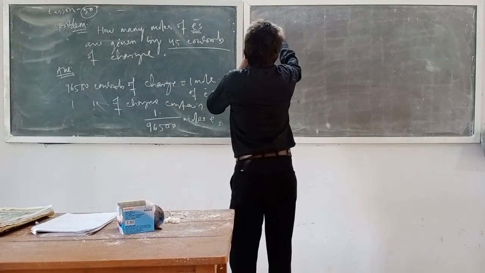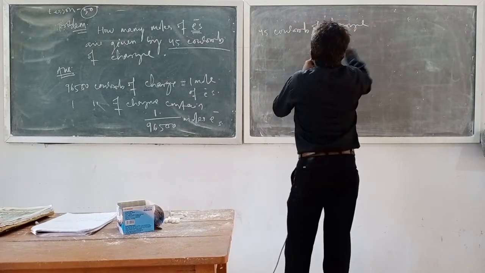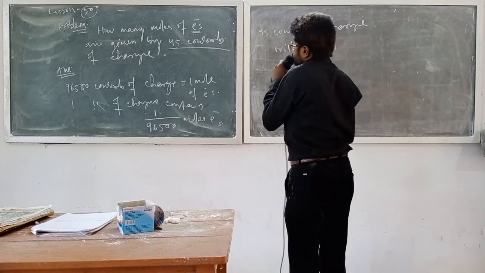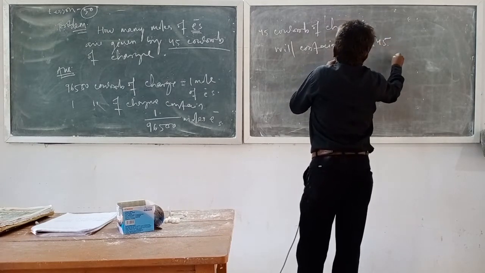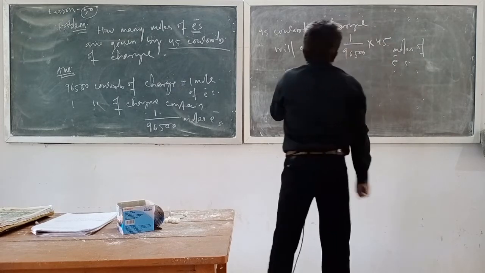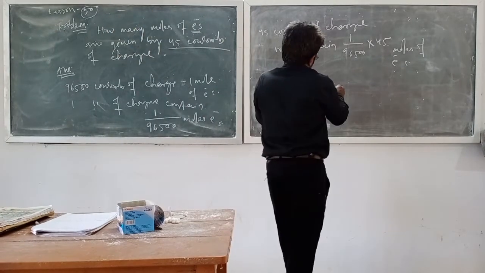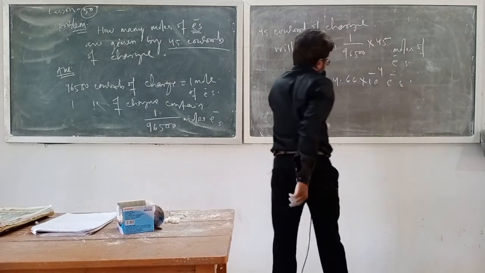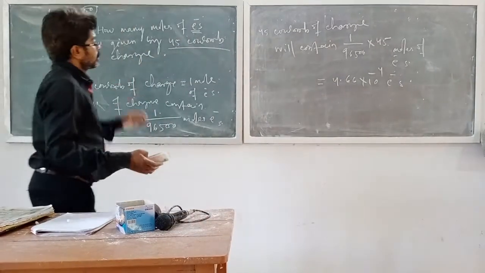So 45 coulomb of charge will contain how many? 1 by 96500 into 45 moles of electrons. This will be how much? This will be your 4.66 into 10 to the minus 4 moles of electrons. Okay. Simple problem.